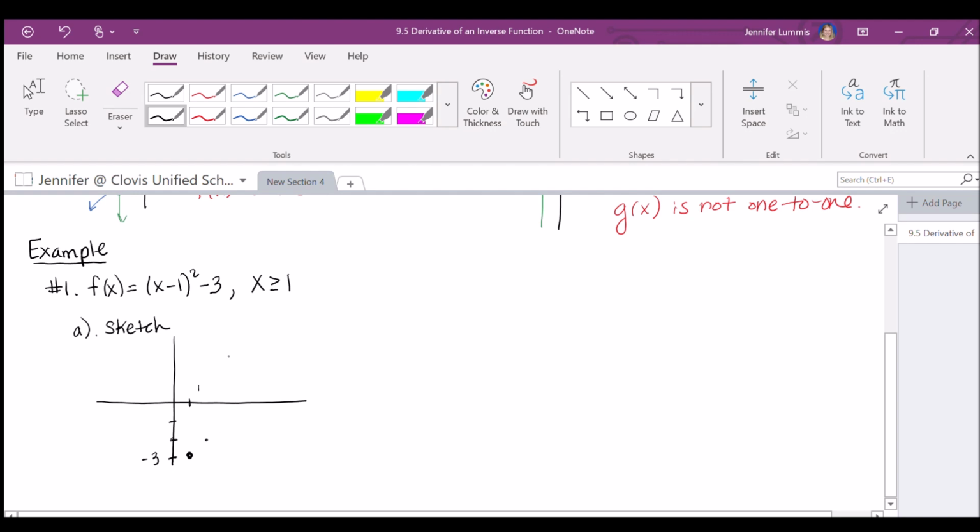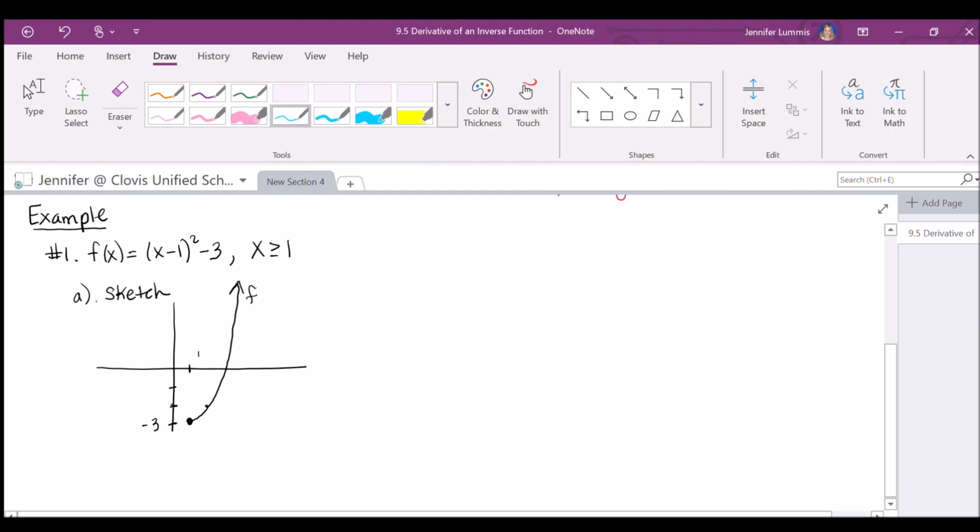So this is f. We are going to want to sketch its inverse, and we can do this from the graph. Whenever we draw an inverse, remember it's just a reflection over the line y equals x.